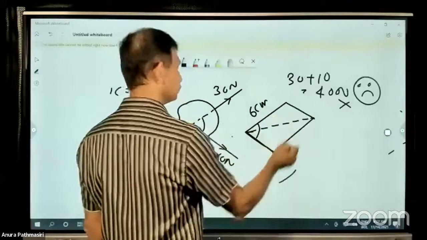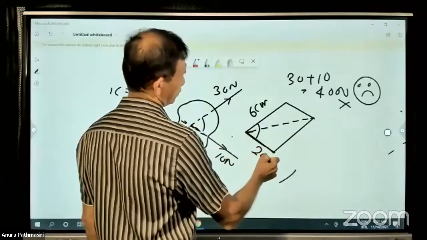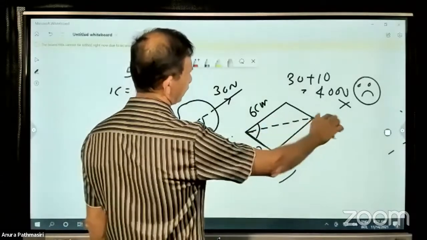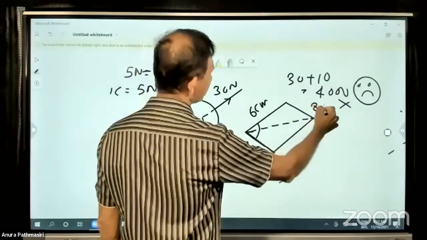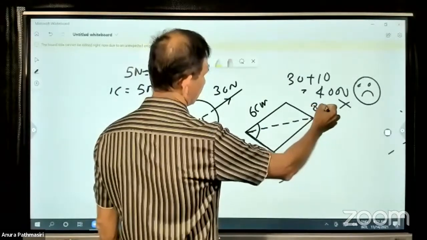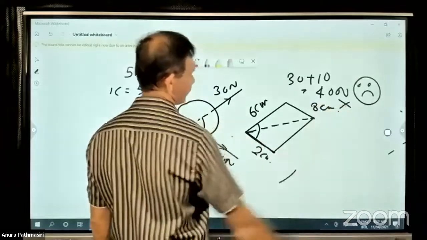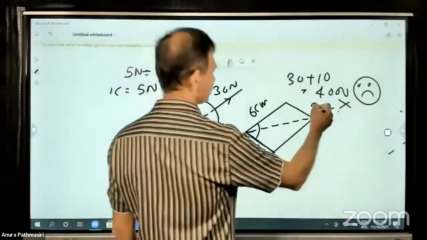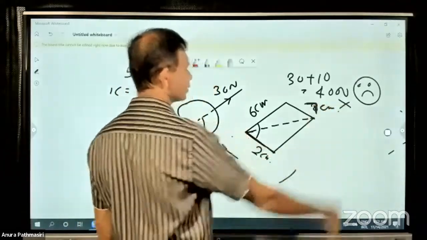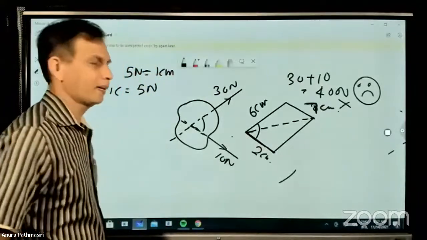If this is 2, and if you have this one as 8 centimeter, imagine. Not 8, it should be like 7 centimeter. All right.